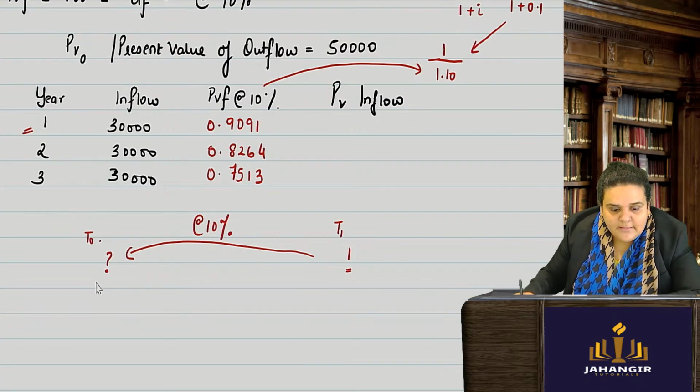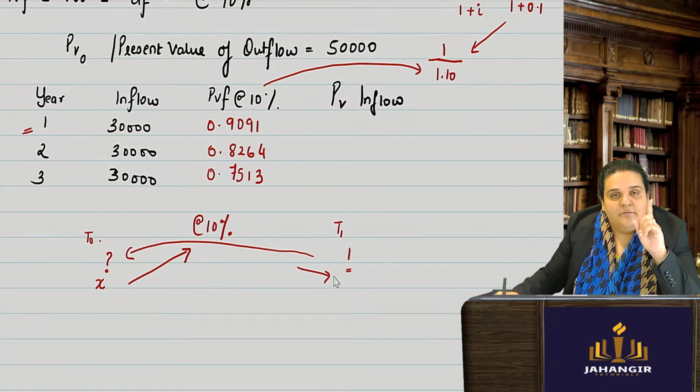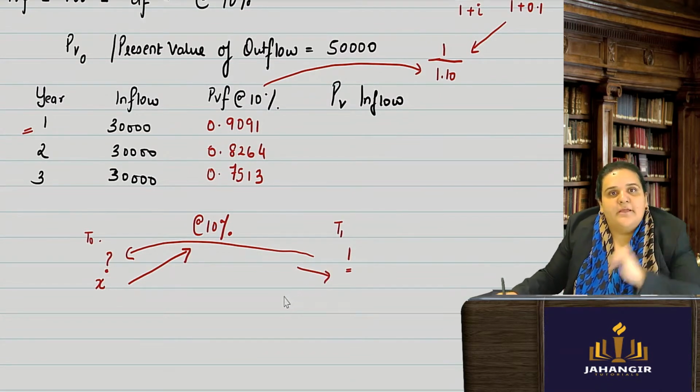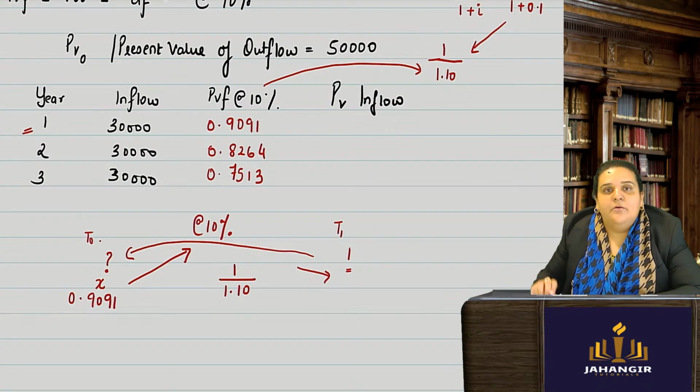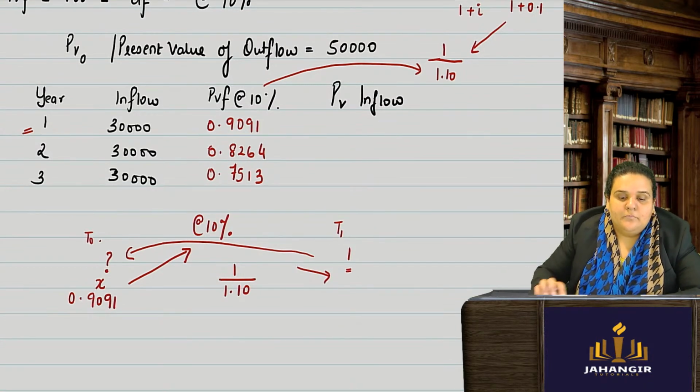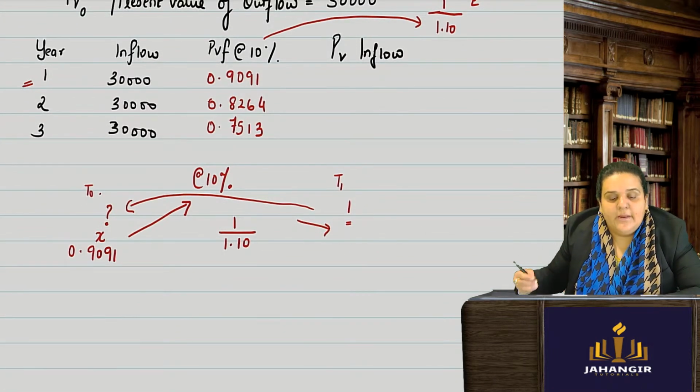What will be the amount which will grow at 10% and become 1 at the end of year 1? That is what I want to do. So I am dividing 1 by 1.10. I will come to know that if I invest 0.91 today, then tomorrow I will get 1 rupee. Same thing you have to do for year 2 and year 3.